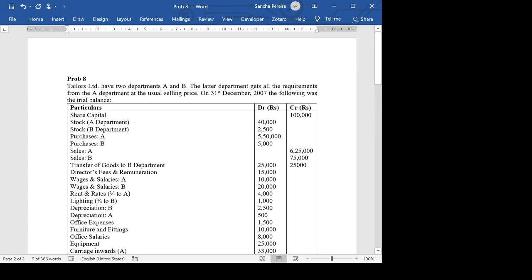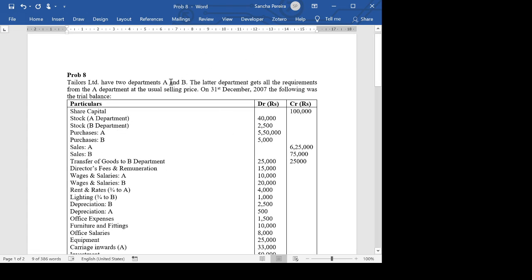A is transferring to B. We want to know at what selling price A is transferring to B, that is, what is the profit margin of A. So will we calculate the profit margin of A or of B? A is transferring to B at selling price. Whose profit margin do we want to know?